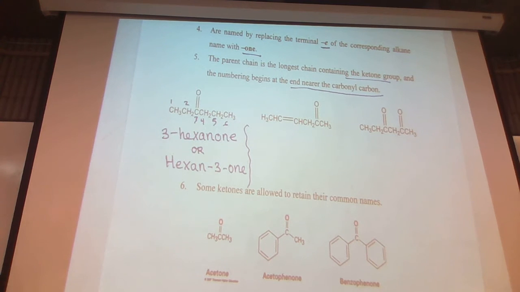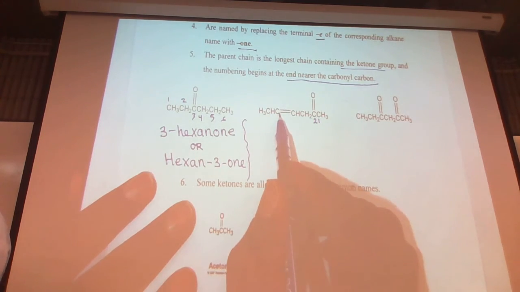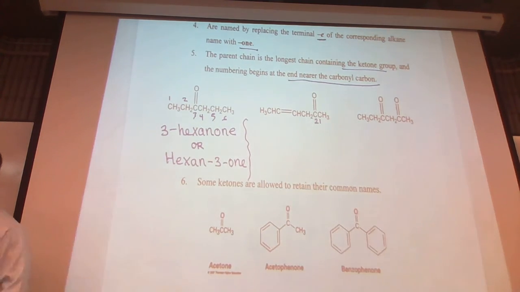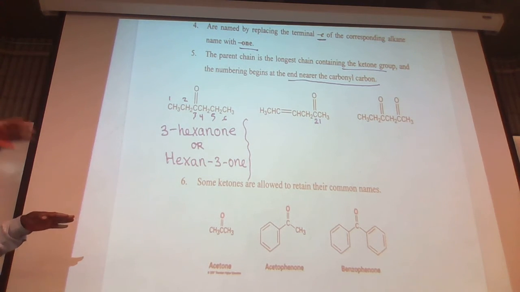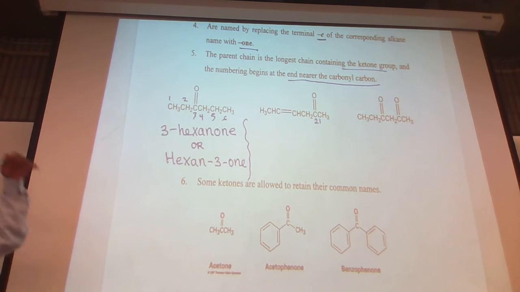Look at the second example. If you go from here, you get 1, 2. If you go from here, your alkene is going to be at position number 2. So you may be tempted to give the alkene priority, but that will be incorrect. The way the chemistry has been designed, we're going in order of priority of functional groups: alkane to alkene to alkyne, alkyl halide, alcohol, and now these guys.